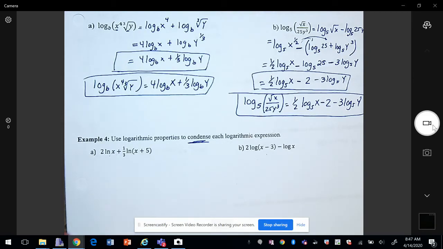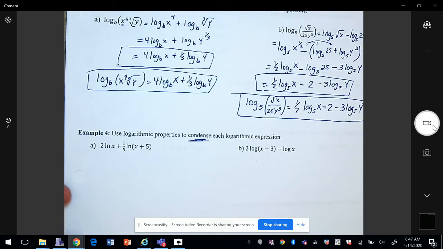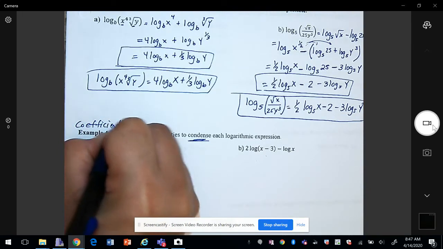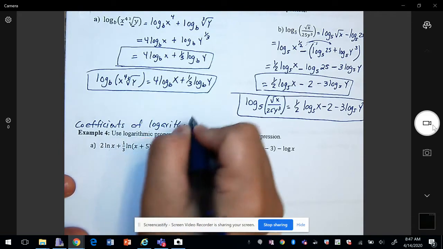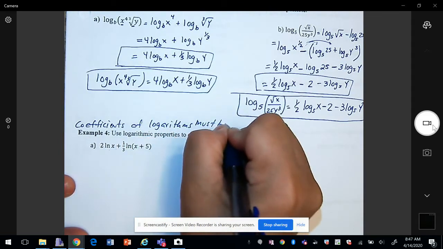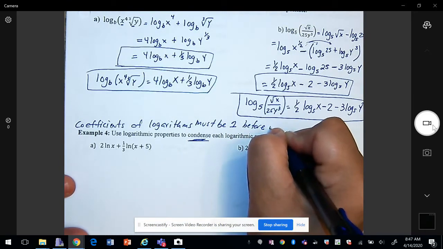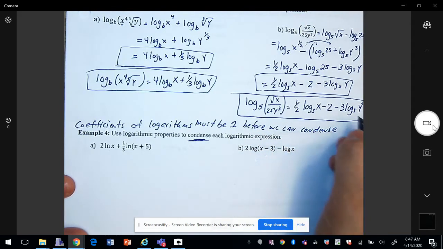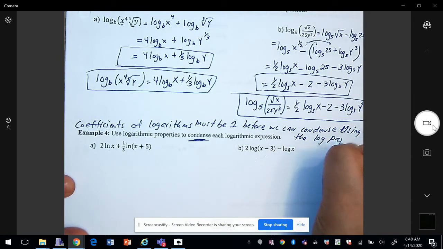Okay, so an important thing here before we get started is the following. Coefficients of logarithms must be 1 before we can condense using the logarithmic properties.